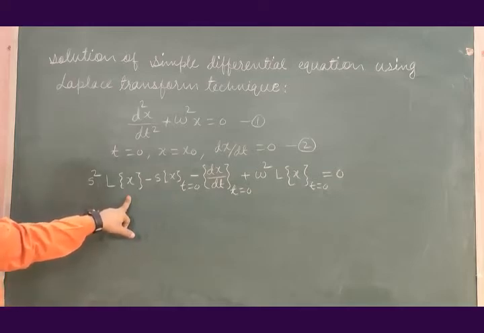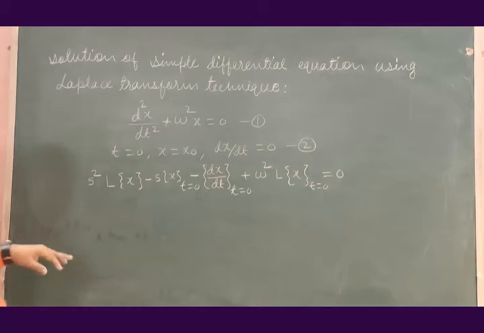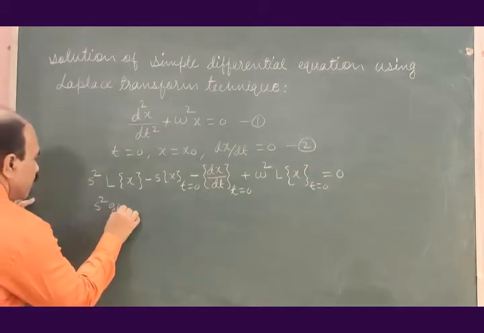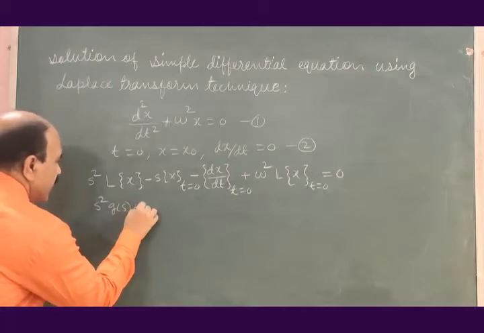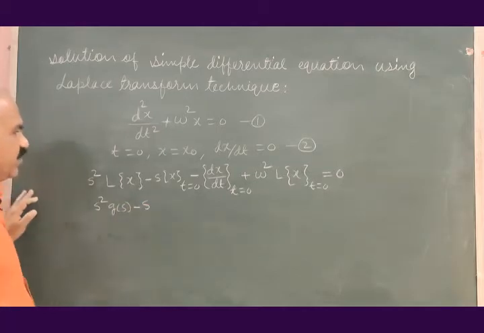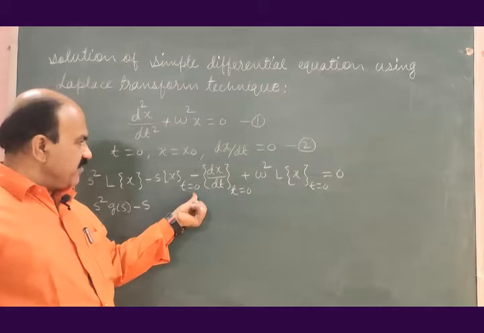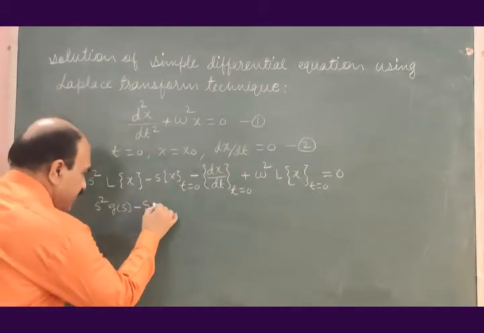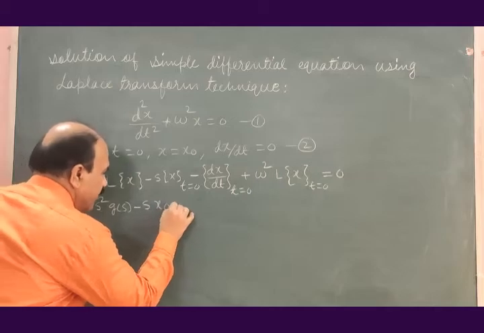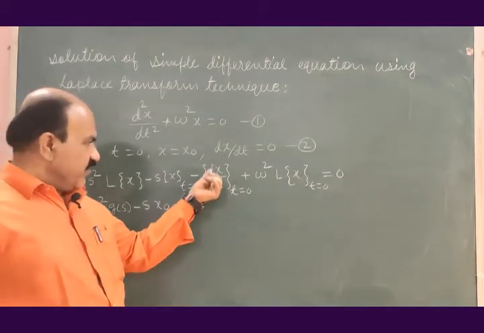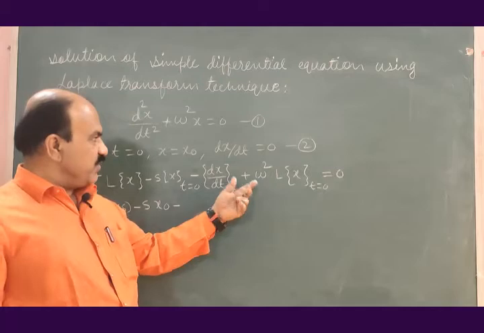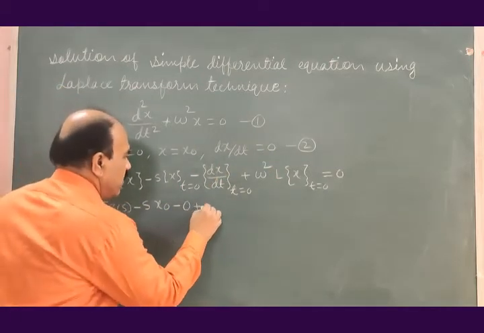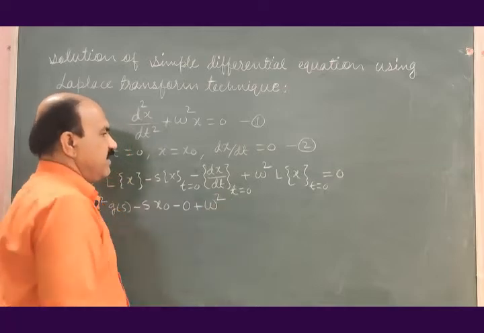X is here f of t, g of s. So s square into g of s, minus s into what is x at t is equal to 0? x0, minus what is dx by dt at t is equal to 0? 0, plus omega square.